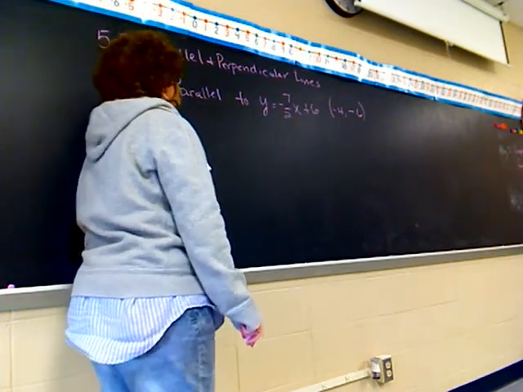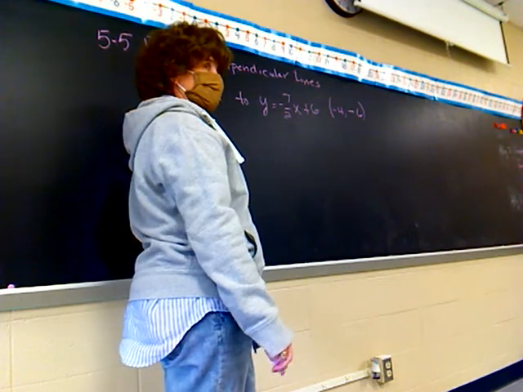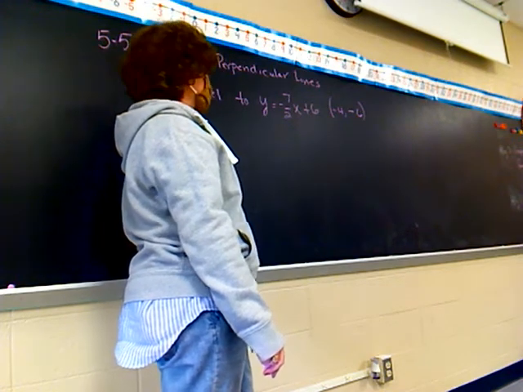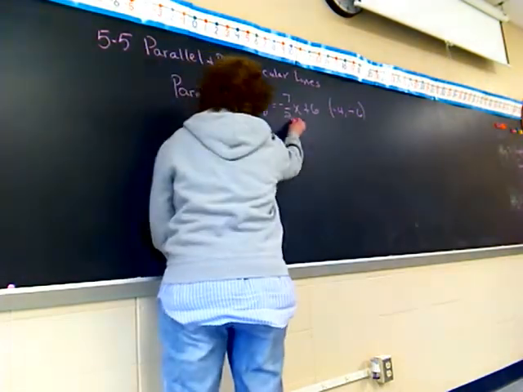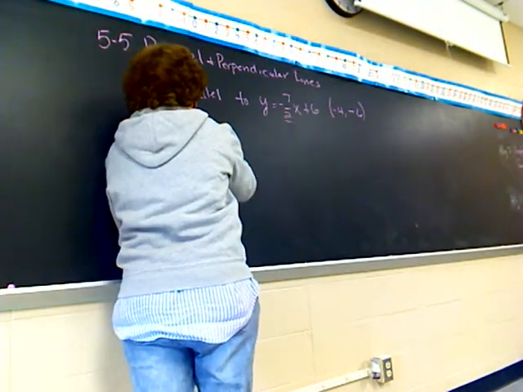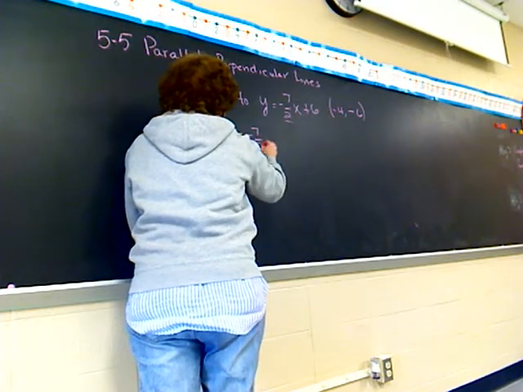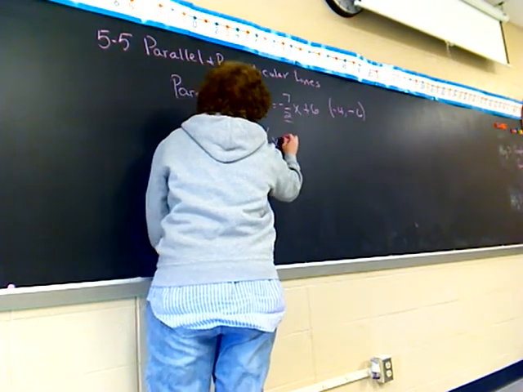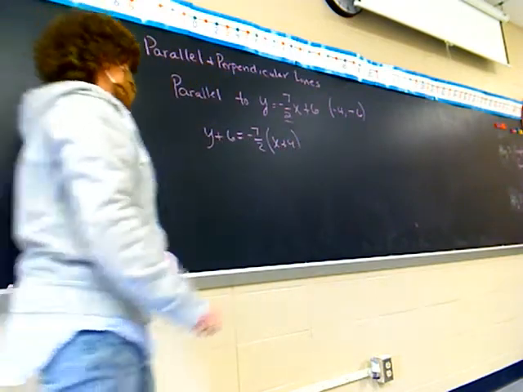What's the slope of the new line? -7/2, because remember the slopes are the same. So it's the same as this. So we're going to do y plus 6 equals -7/2 (x plus 4). I'm going to distribute here.